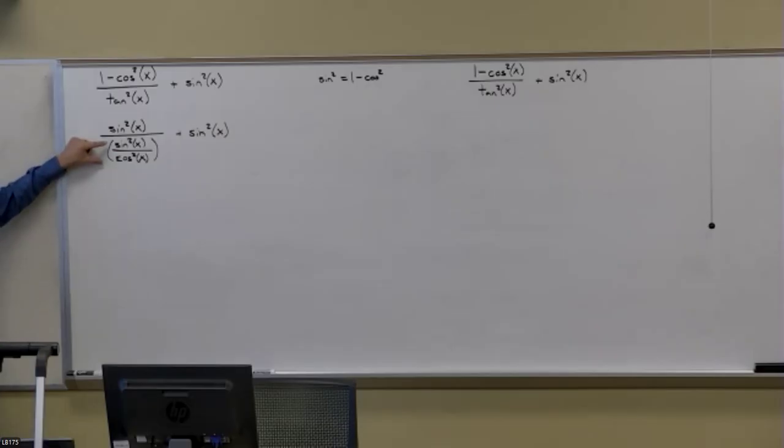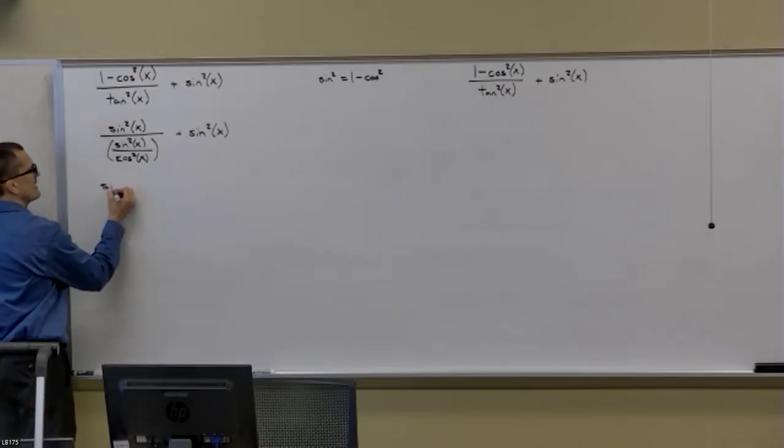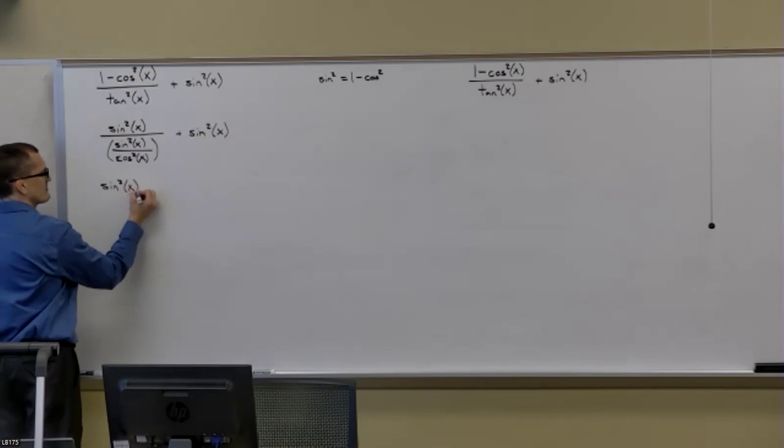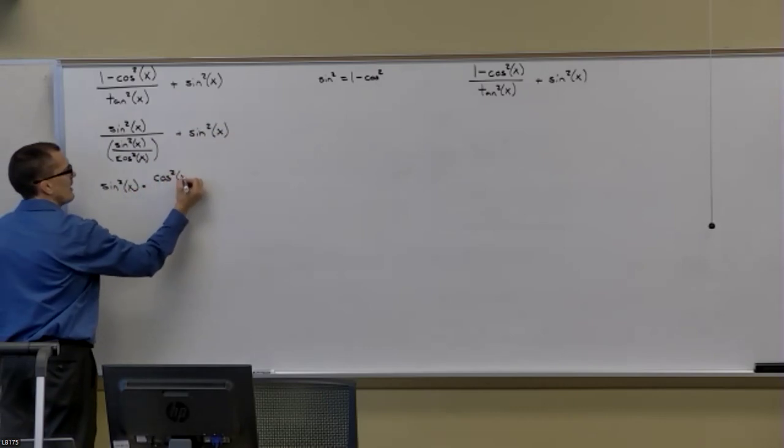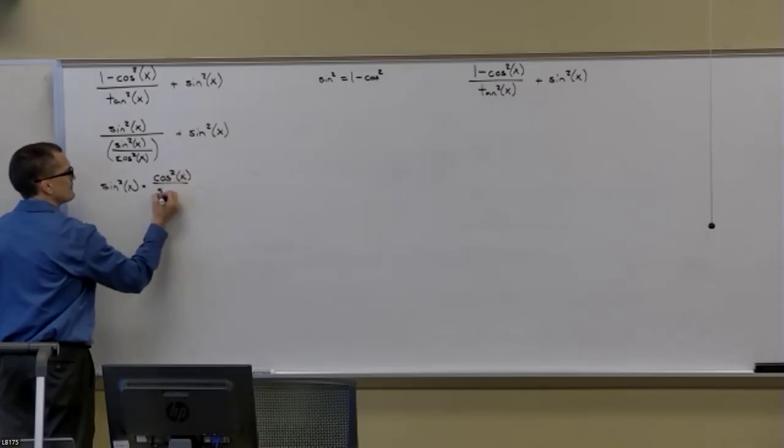And then dividing by a fraction is like multiplying by the reciprocal of that fraction. So I could take sine squared of x and multiply times the reciprocal of the fraction.